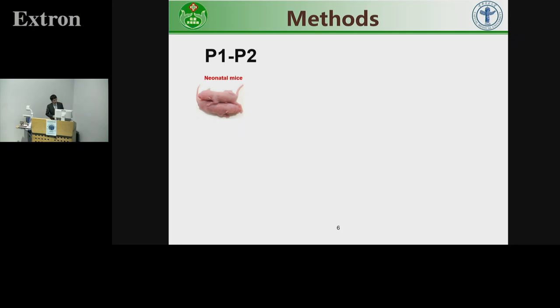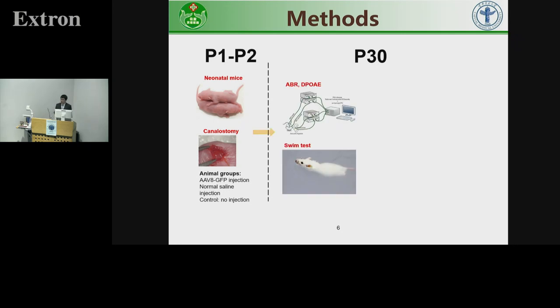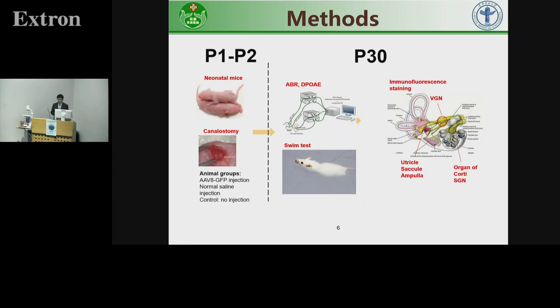We used postnatal day 1 to postnatal day 2 neonatal mice, and we injected different reagents depending on the group: AAV8-GFP or normal saline, or no injection through the canalostomy. About 30 days after the surgery, we performed the hearing test and the swimming test in those mice. After that, the mice were euthanized for the immunofluorescence study.